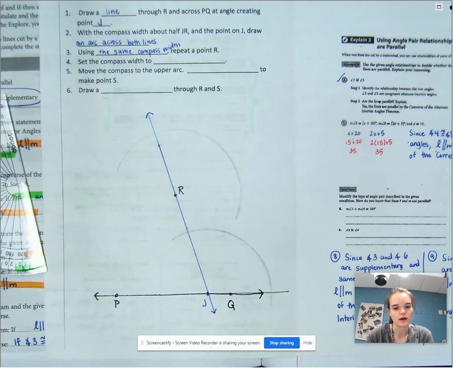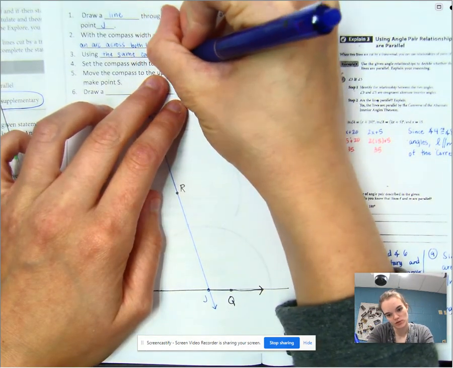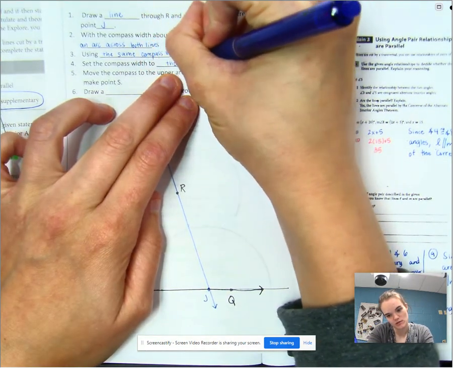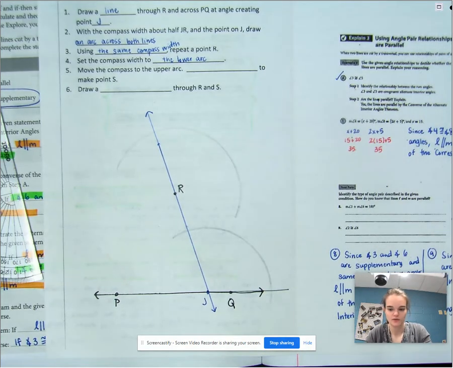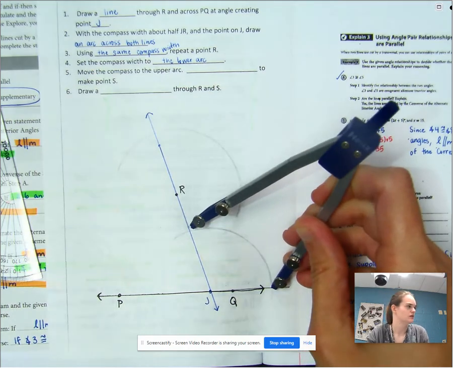Okay. Now, set the compass width to the lower arc. So I'm actually copying an angle. Take your compass and measure from here to here.